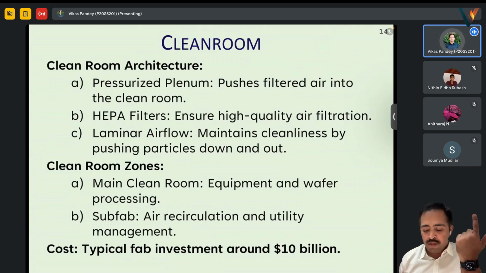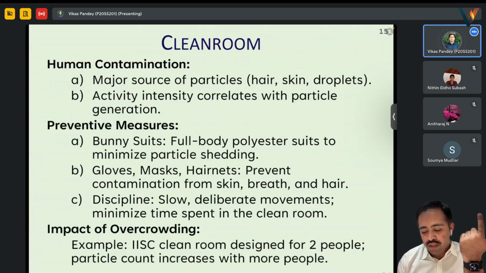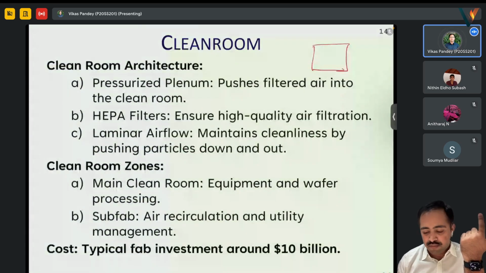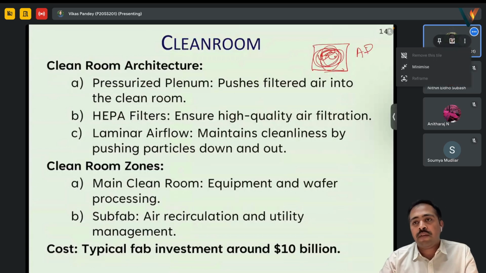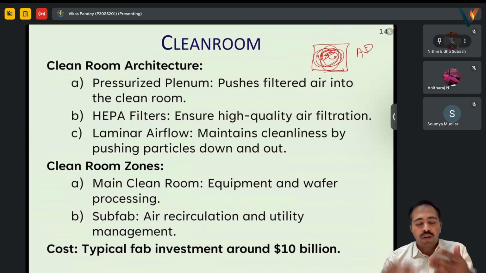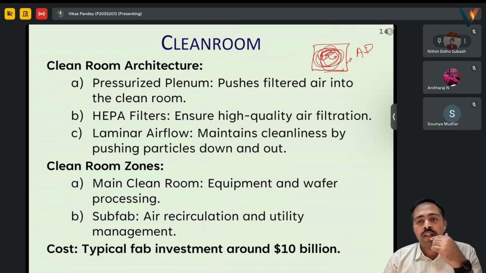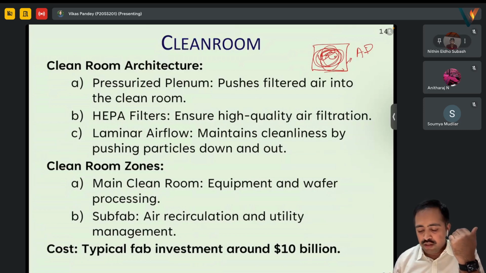That will ensure that, if you are in a room that has high pressure compared to the atmospheric pressure, what will happen? Can anyone tell? If a door or a window is opened for a short duration, what will happen?